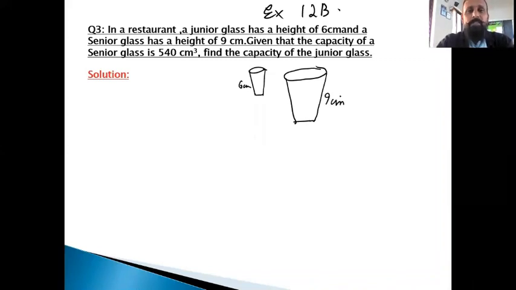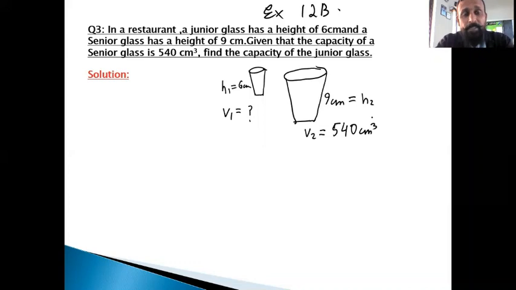Given that the capacity of the senior glass, let's suppose this is height 1, this is height 2. Now, the volume V1 of the smaller glass is not given. The volume V2 of the big glass is 540 cm cube. That's what they are saying.